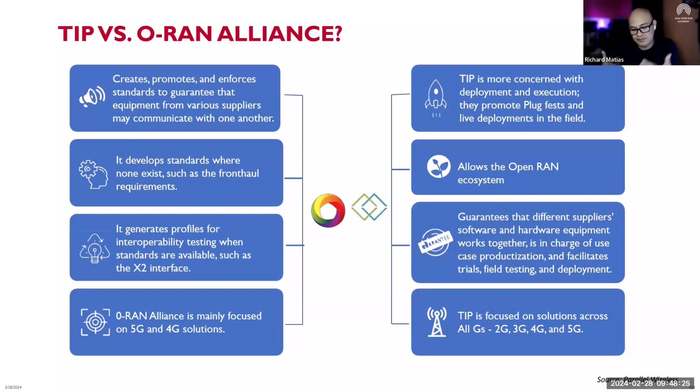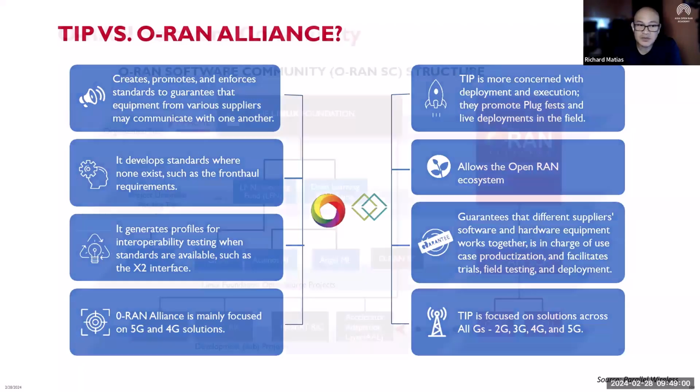So there is no overlapping of responsibilities. When it comes to setting up an environment for an Open RAN system, it goes with the Telecom Infra Project. But if it comes to specifications and standards, it goes with the O-RAN Alliance.